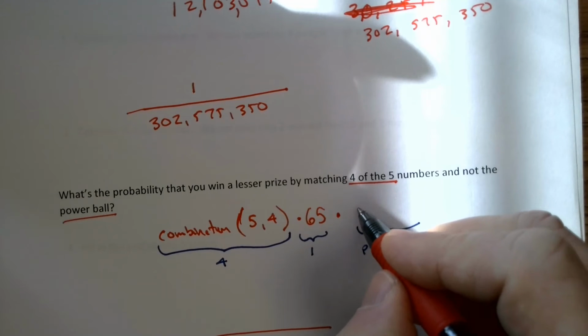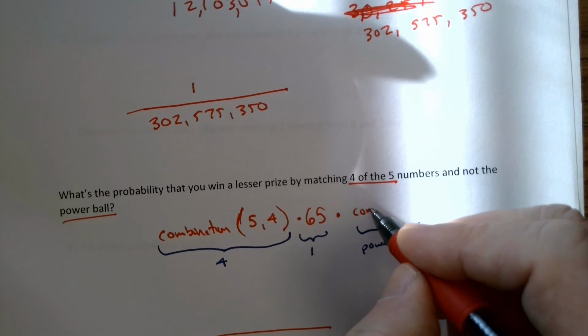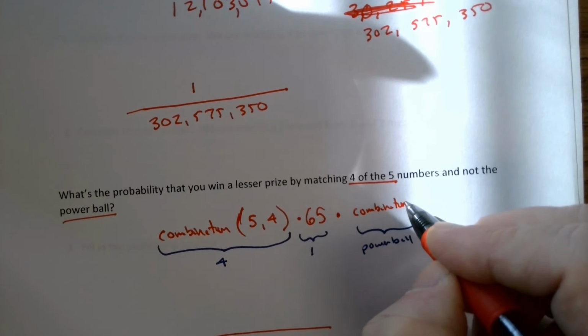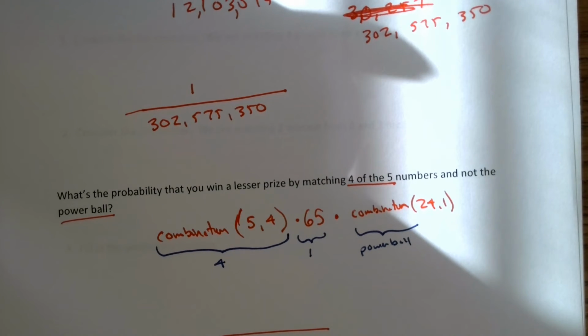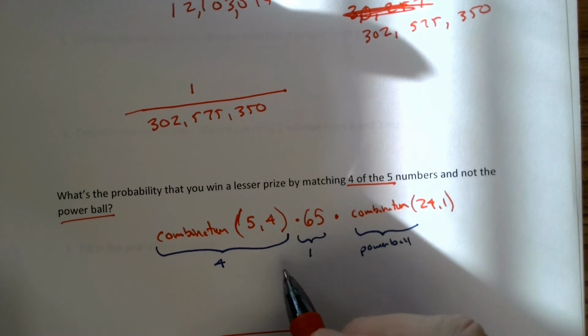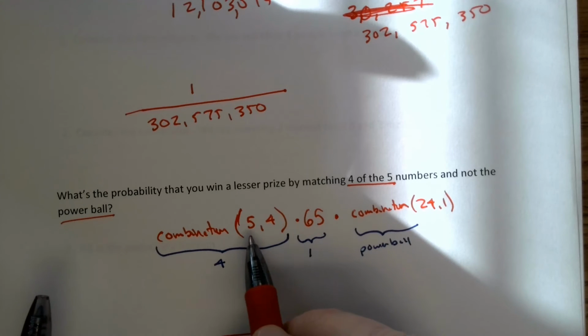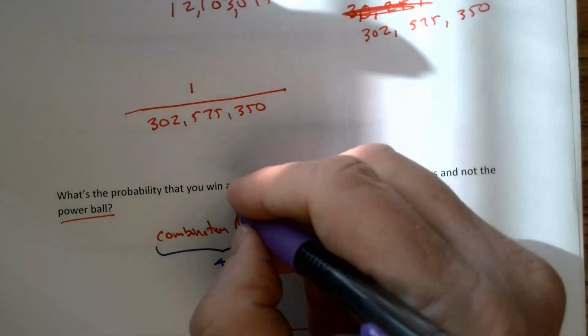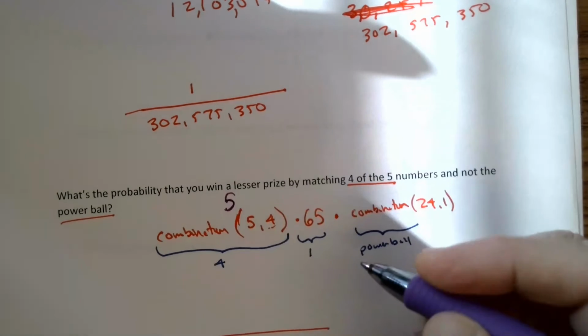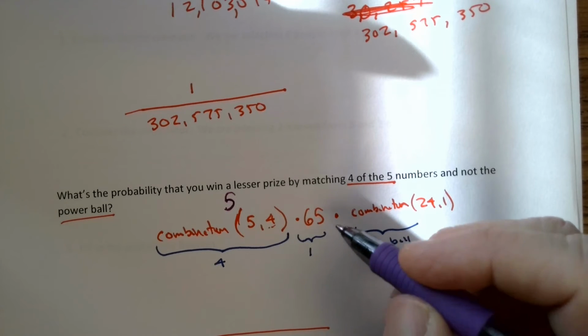So this is combination 24, 1, which is just 24. So combination 5, 4 is, I think that's just 5. There's only 5 ways to do that.